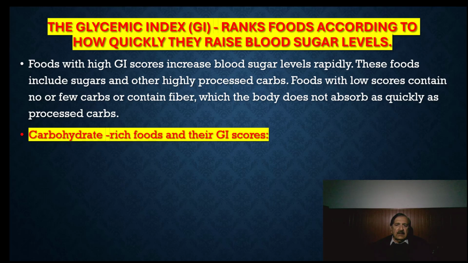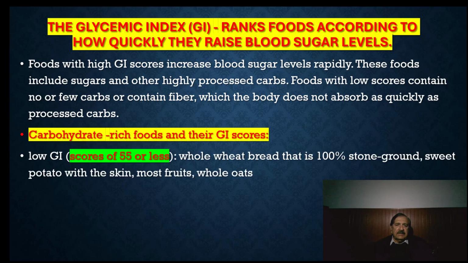Carbohydrate-rich foods and their glycemic index scores. Low glycemic index, scores of 55 or less: whole wheat bread that is 100% stone ground, sweet potato with the skin, most fruit, whole oats.